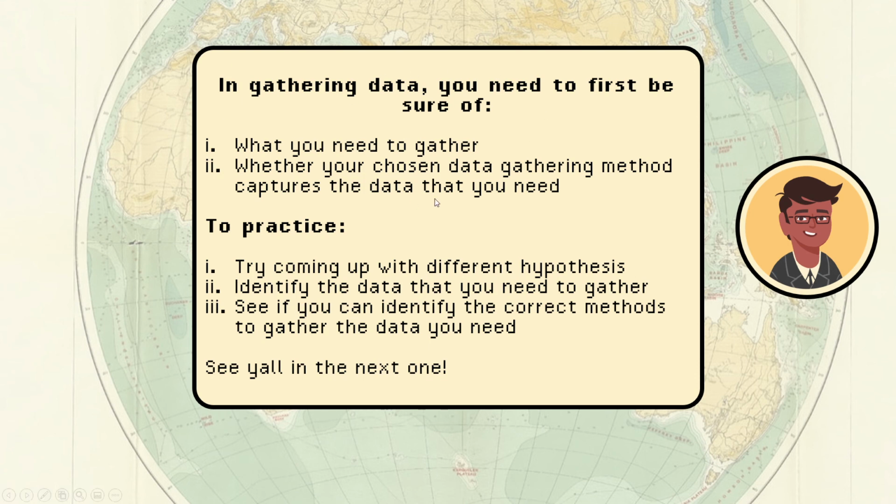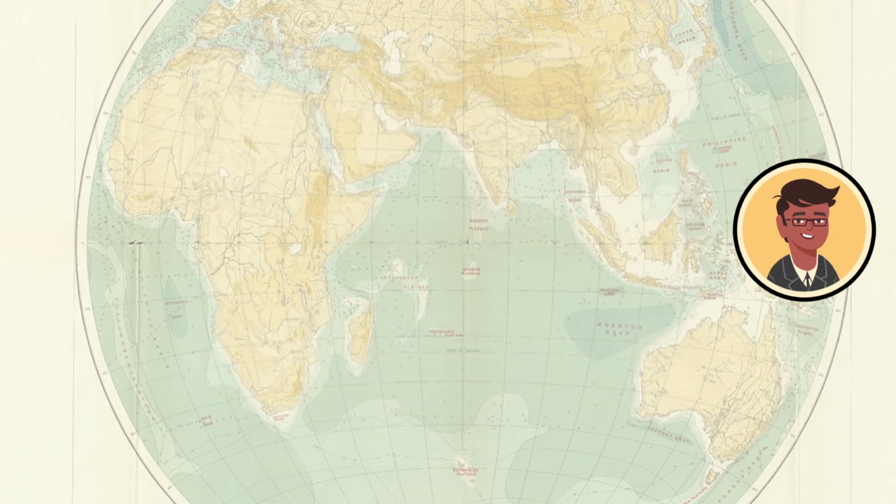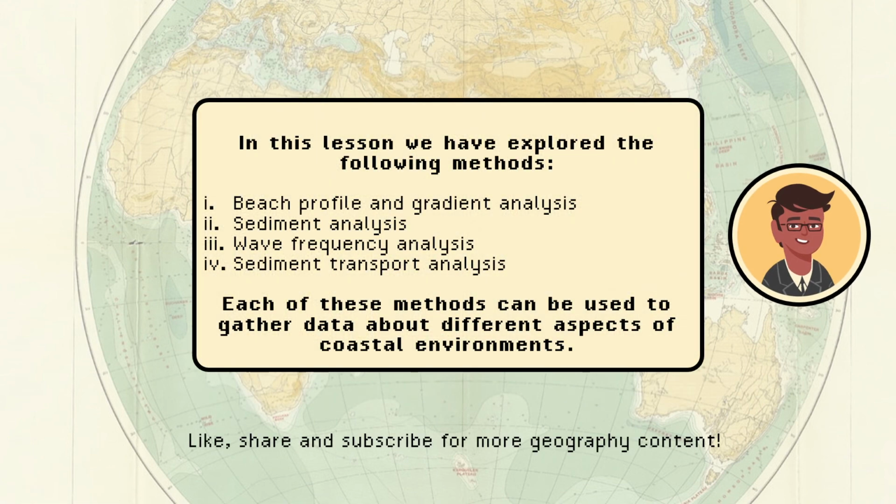Alright, so before I say goodbye, just to close up the whole series, in this lesson we have explored the following methods: the beach profile and gradient analysis. We have gone through the methods of how to do sediment analysis. We have gone through the methods of how to do wave frequency analysis.